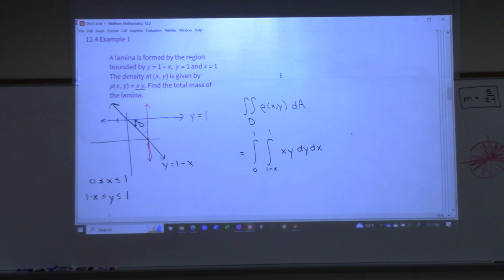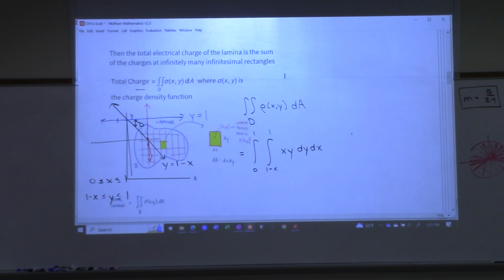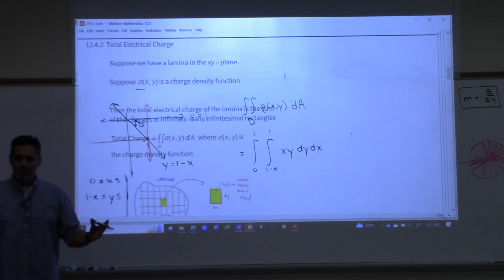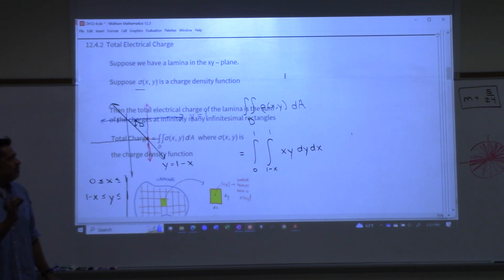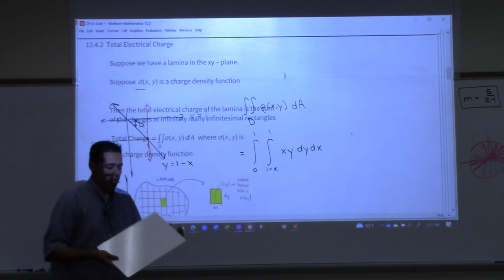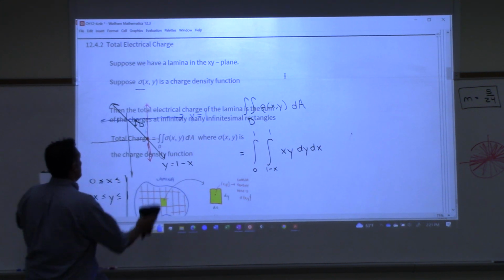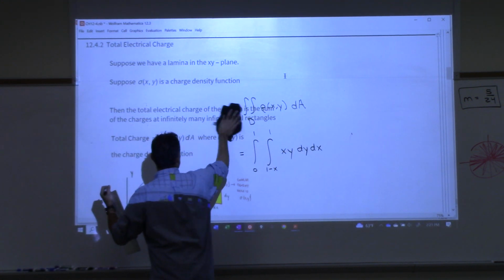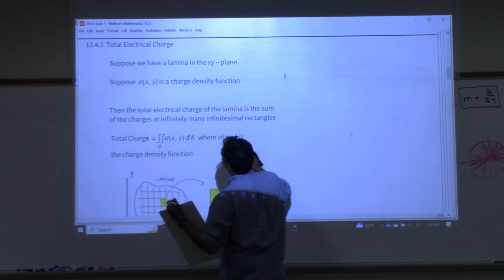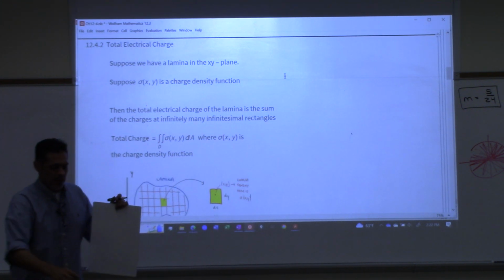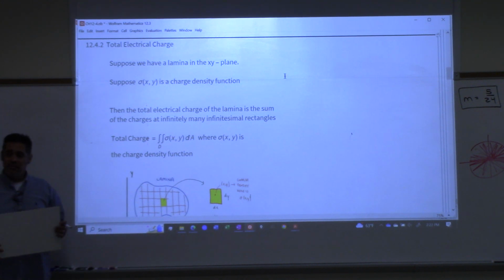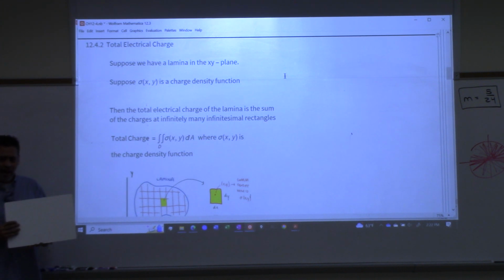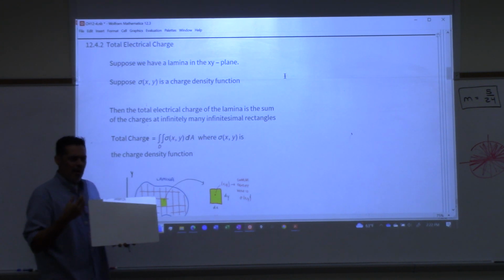Let's look at the next question. Oh, I need to go back up to the notes. Total electric charge. We were just talking about the mass of the object. If we change the wording of the problem, where instead of giving you the density at every point, I give you what's called the charge density function, which you'll understand more in an electrical engineering class.